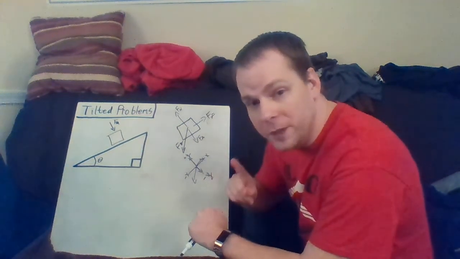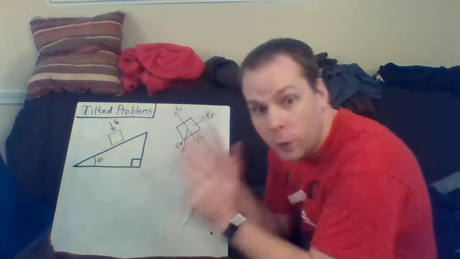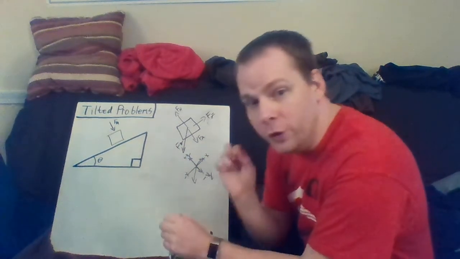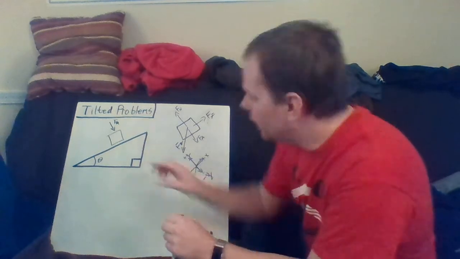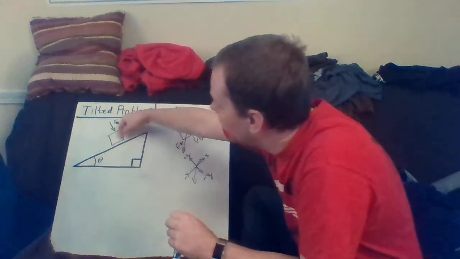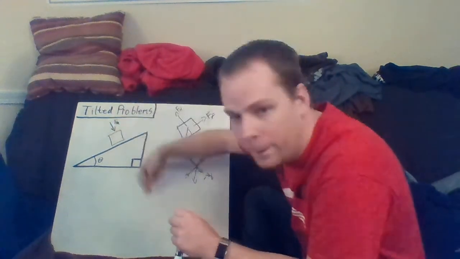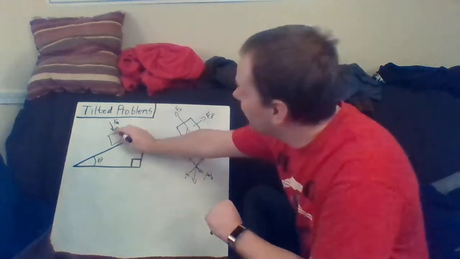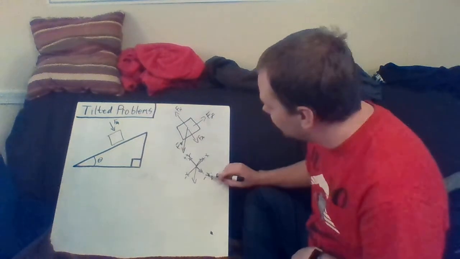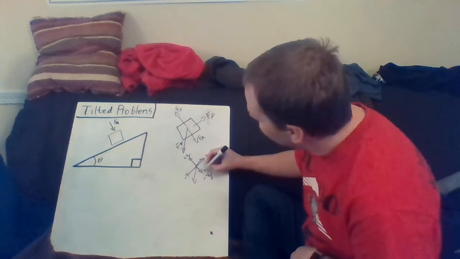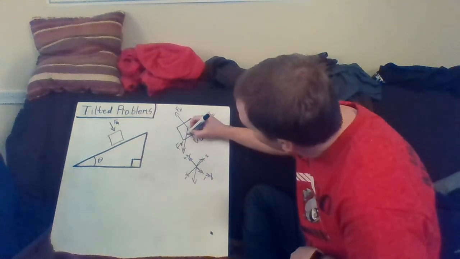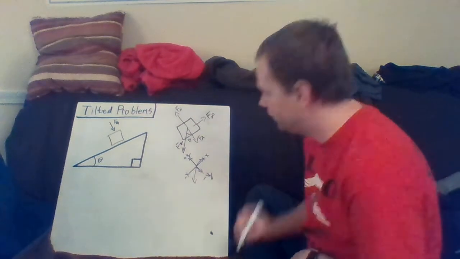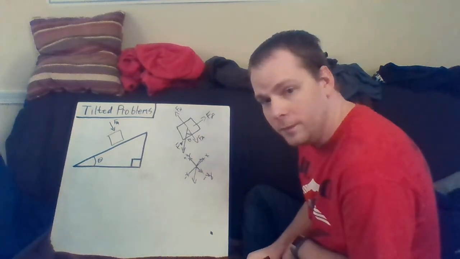Normal negative y is where your weight is, straight down. The new negative y is going to be along the orientation that is the current bottom. In this case, FA is acting in negative y, so the angle between FA and FG is theta.